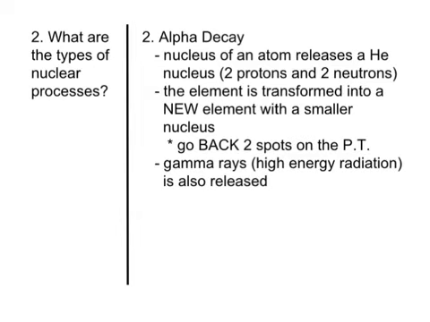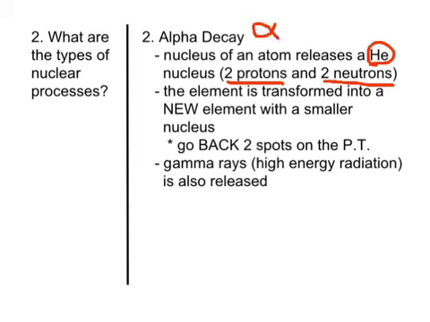Okay, so in alpha decay, what the nucleus does in order to calm itself down, in a sense, is that the nucleus of the atom releases what's called a helium nucleus, basically 2 protons and 2 neutrons. And this helium nucleus is what we call an alpha particle, and alpha particles are usually symbolized by the Greek letter alpha.